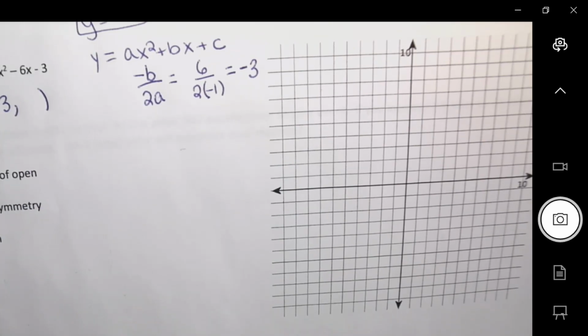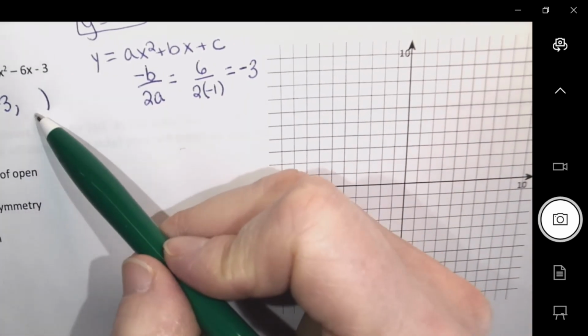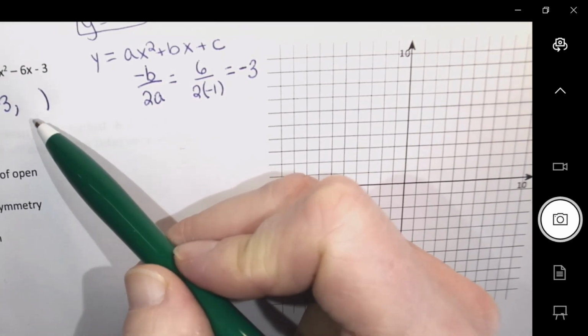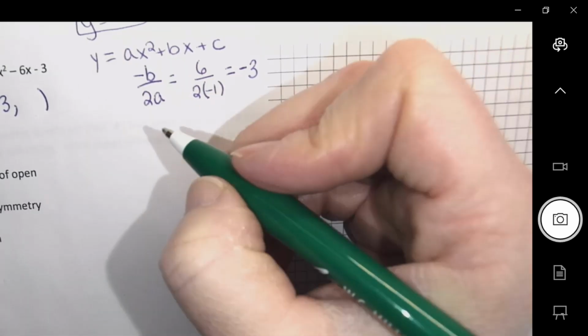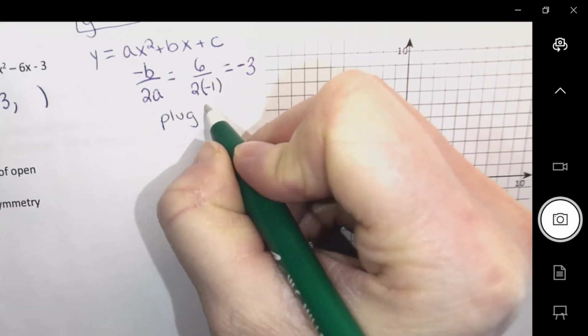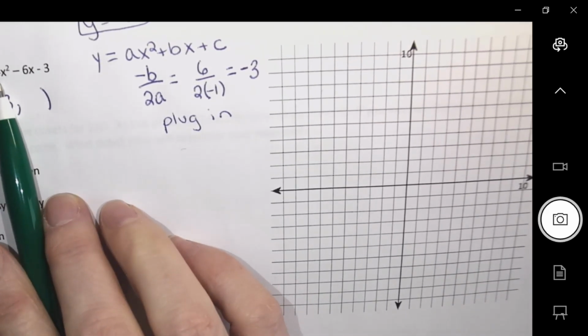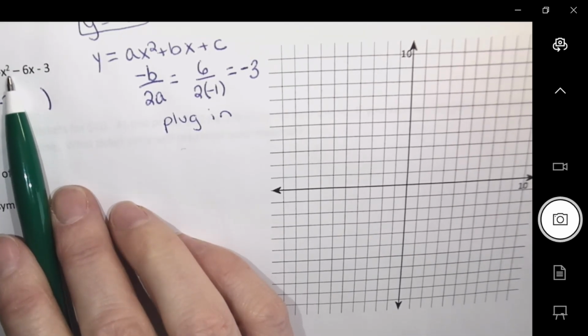then what do I do to get the next part of the vertex? So this is the x, so I would like to get the y. So what do you do if you have the x and need the y? What would you do? You would plug in. Okay, here's where the mistakes happen, because this is a negative of negative 3 squared.